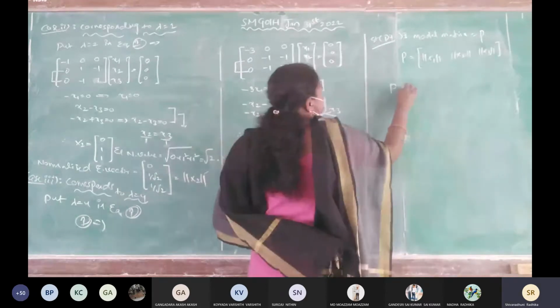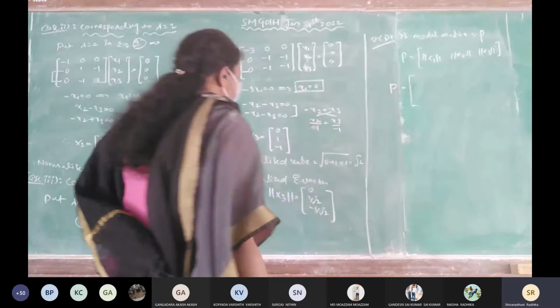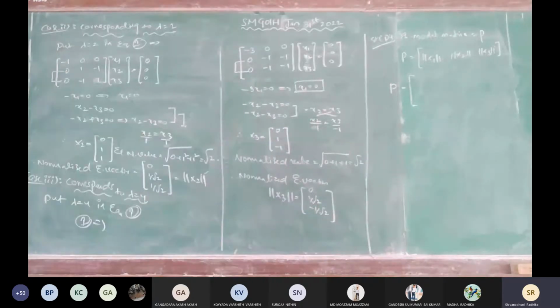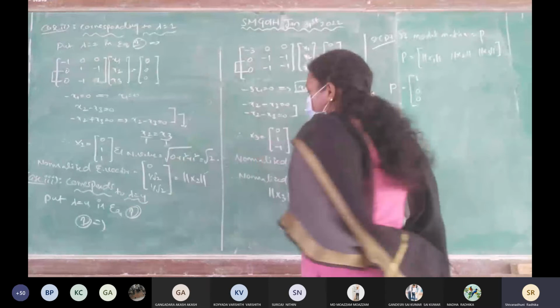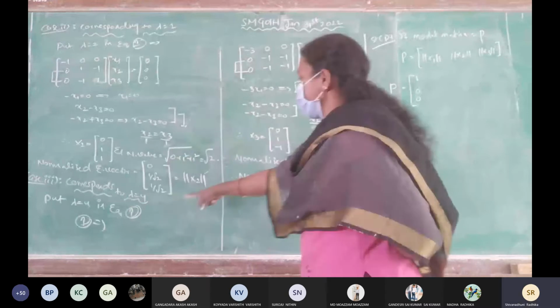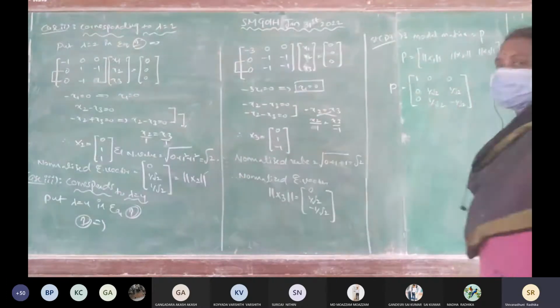Just substitute the vectors. What is the x1 normalized eigenvector? 1, 0, 0, right? And the second one is 0, 1 by root 2, 1 by root 2. The third one is 0, 1 by root 2, minus 1 by root 2.